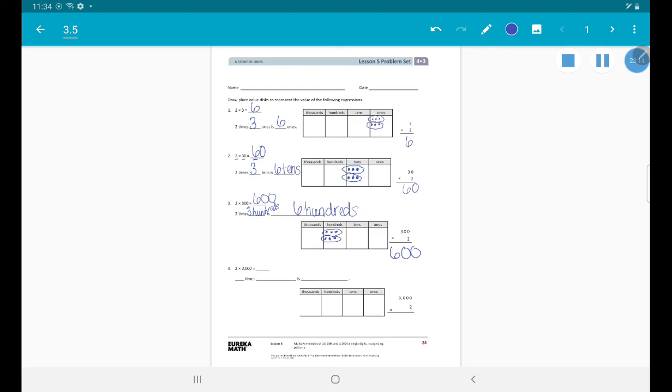Okay. And then number 4, we'll go ahead and do it together. 2 times 3,000 equals, so we'll write that in unit form. 2 times 3,000 is what? Well, we can do that on our place value chart by making 2 groups of 3,000.